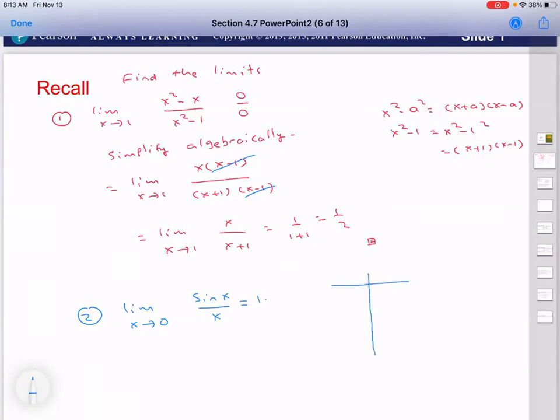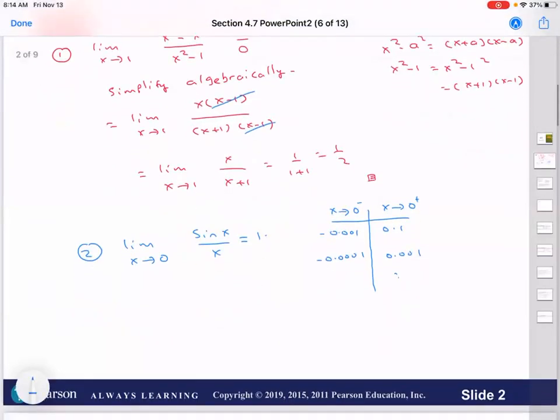Did you use the table? X approaches 0 from the left, x approaches 0 from the right. So what are the possible values for x then? Negative 0.001, something like that, right? I think that's what you did. If you plug in those numbers, gradually moving toward 0 from both sides, the values of the function sine x over x get closer and closer to 1. That's right, it is 1.